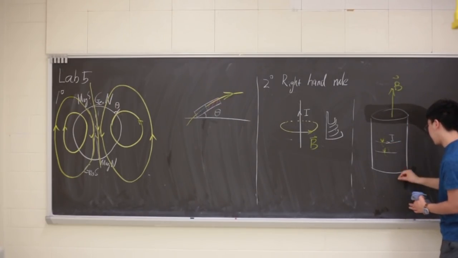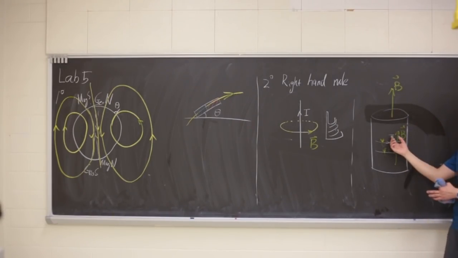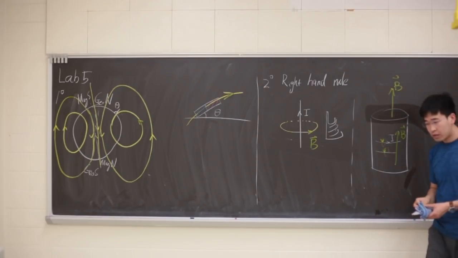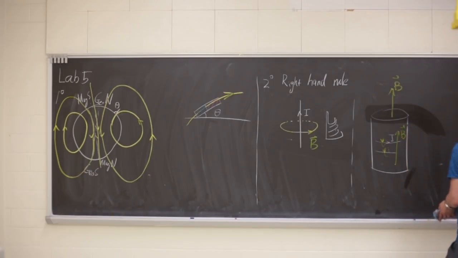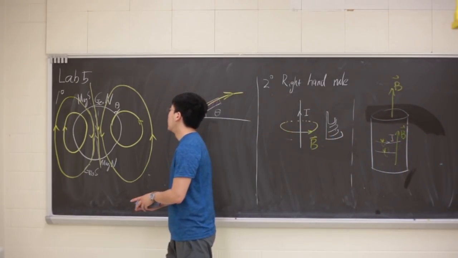So you add everything up, it actually goes up. The magnetic field induced by every small wire will add up to the upward direction. So that's another common example of using the right hand rule.